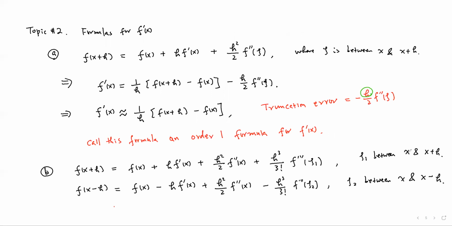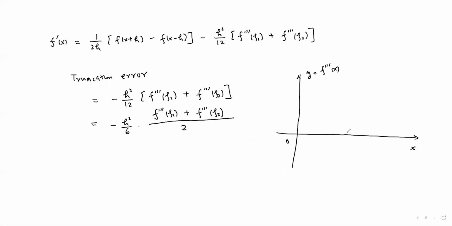Psi 1 is between x and x plus h. This is x. X minus h is here. X plus h is here. Psi 1 is here. Psi 2 is here.